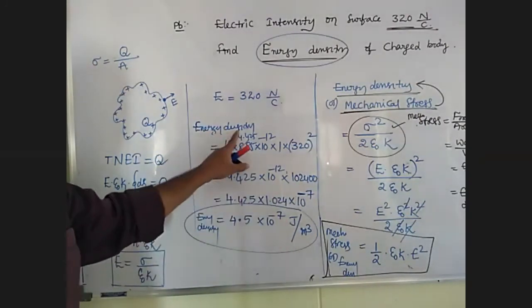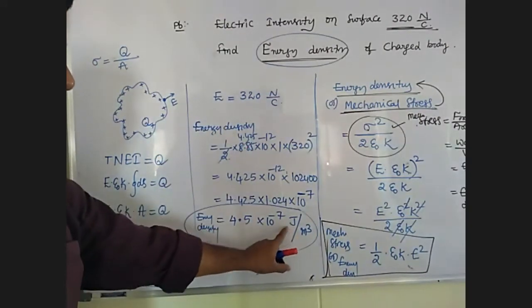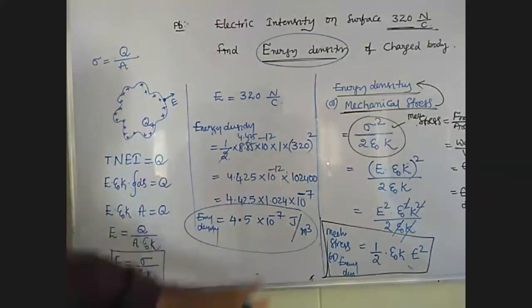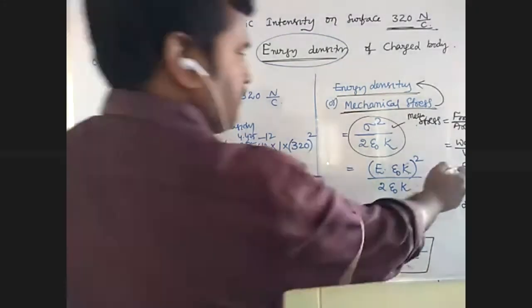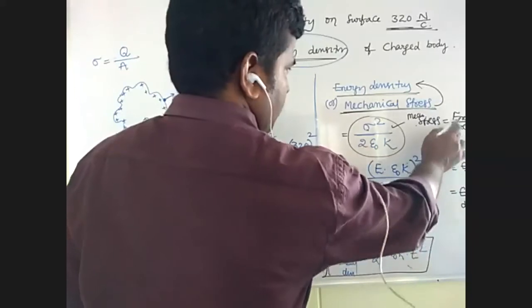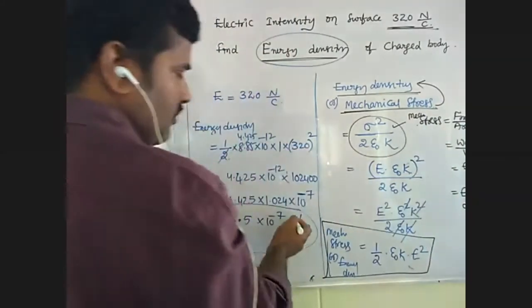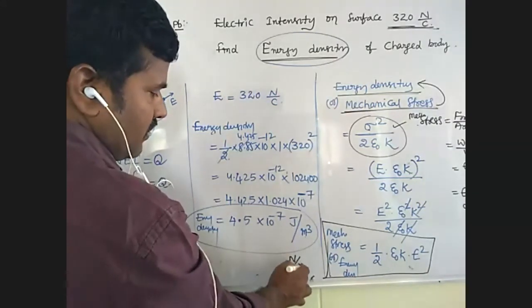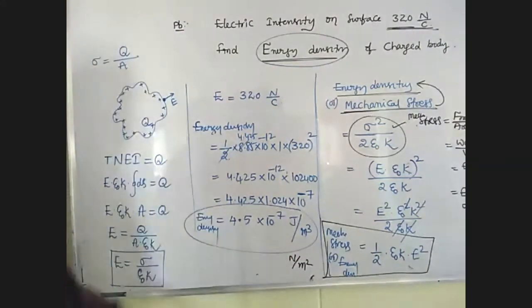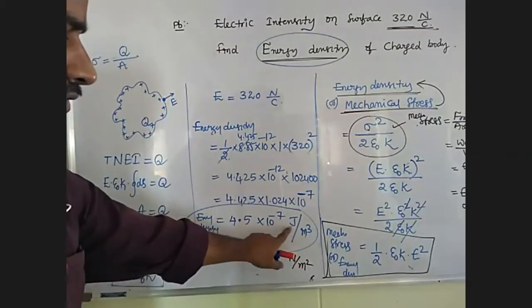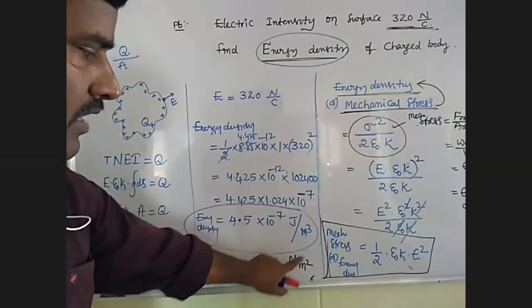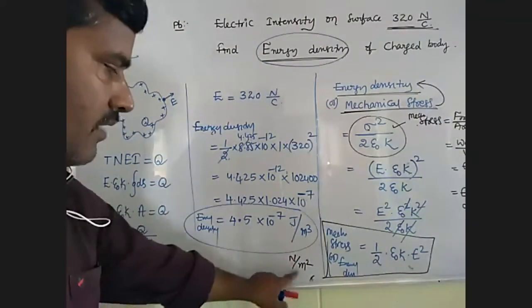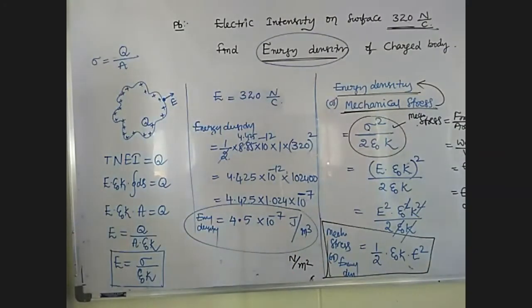The unit is joule per meter cube, energy per volume, or force per area. So it is written as joule per meter cube or Newton per meter square. Work per volume or force per area, both are the same, it is energy density.